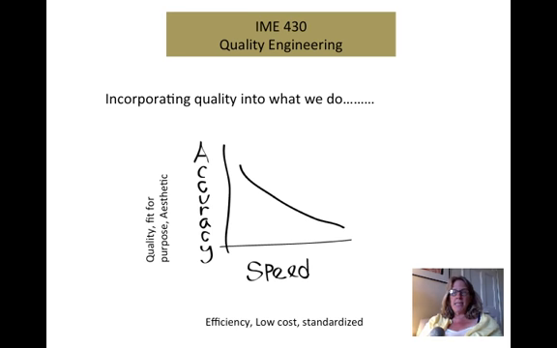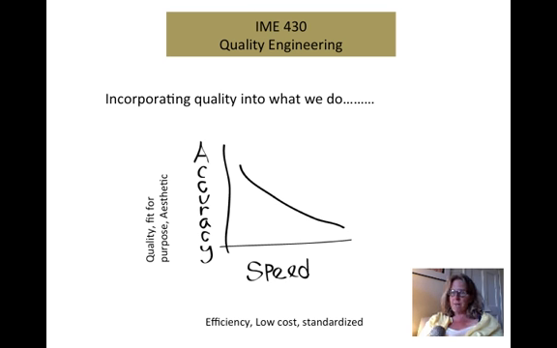And in my mind, it's like another dimension. I like to think about this speed and accuracy trade-off. This is a theoretical chart that you might have seen in human factors engineering. But the main concept is that the faster you do something, the less accurate you are in it. When we talk about speed, we also talk about efficiency and lowest cost and standardized work.